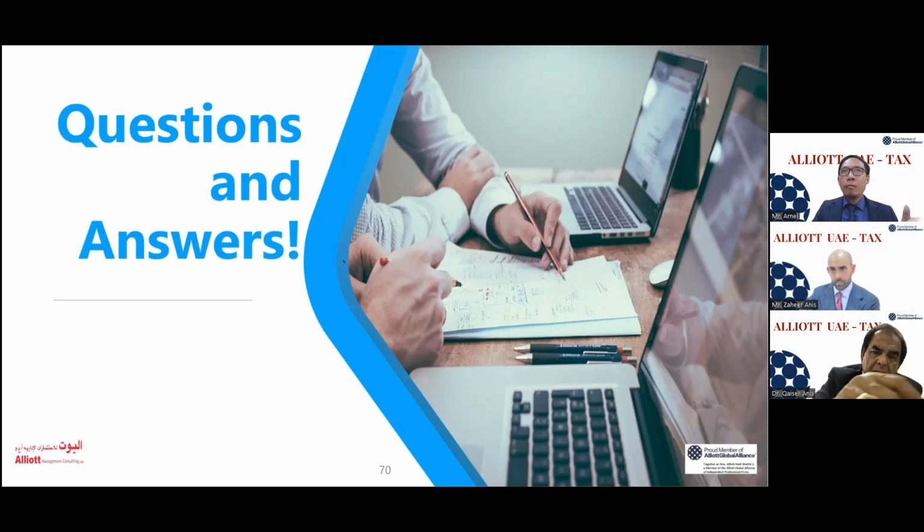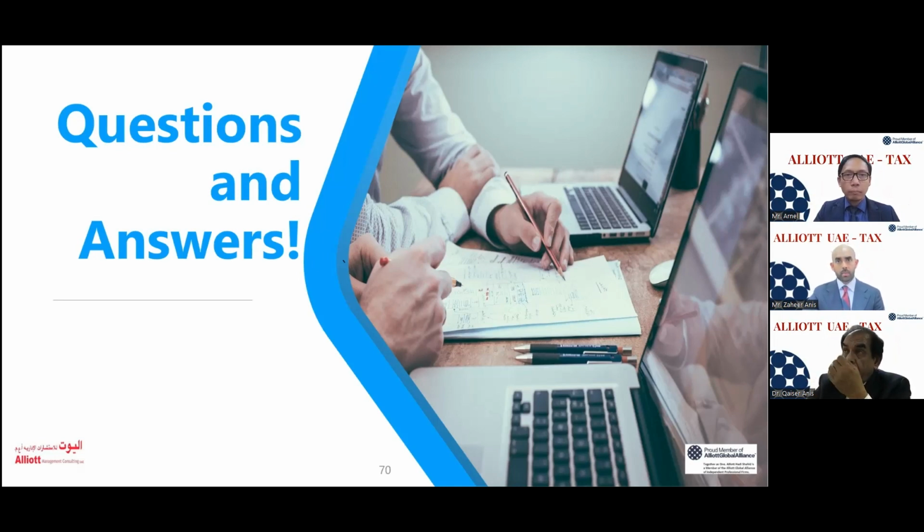They have mentioned that there will be a methodology we can use. After that, there's no more detailed explanation. So what we are expecting in the future is more guidelines and clarification coming up in terms of the transfer pricing law in the UAE.